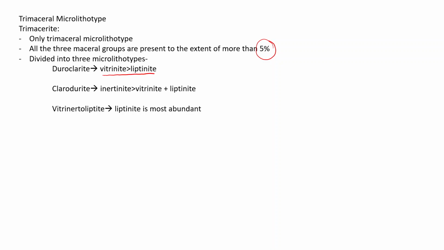We don't worry about the inertinite group of maceral over here, but vitrinite has to be more than liptinite, only then it is called duroclarite. Clarodurite, here the inertinite is more than vitrinite and liptinite together, while in vitrinertoliptite, liptinite is most abundant.